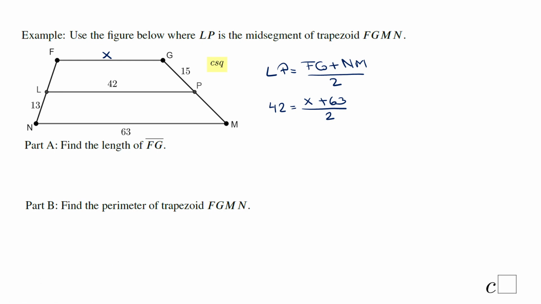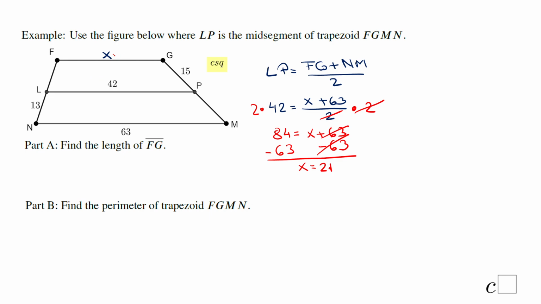I think the best way is to multiply by 2, because you want to cancel these two. You notice I multiply on both sides, so here I'm going to have 84 equals X plus 63, subtract 63 on both sides, and we have X equals 21.